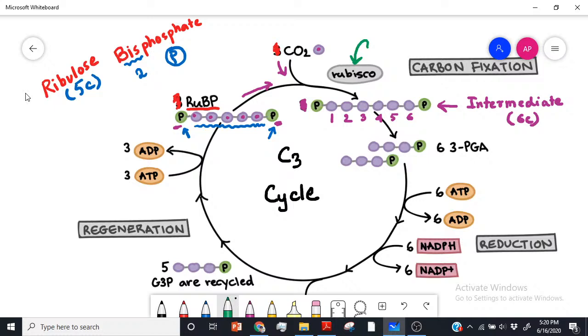Right. Now a few words about the Rubisco. Rubisco simply means RUBP carboxylase oxygenase. This C stands for carboxylase and O stands for oxygenase.